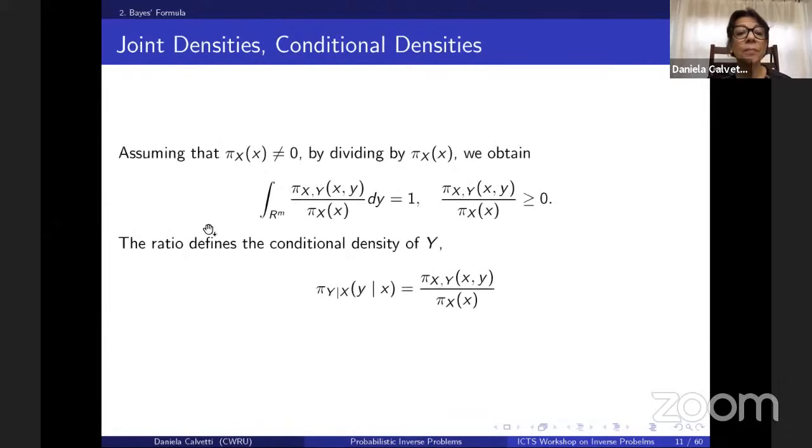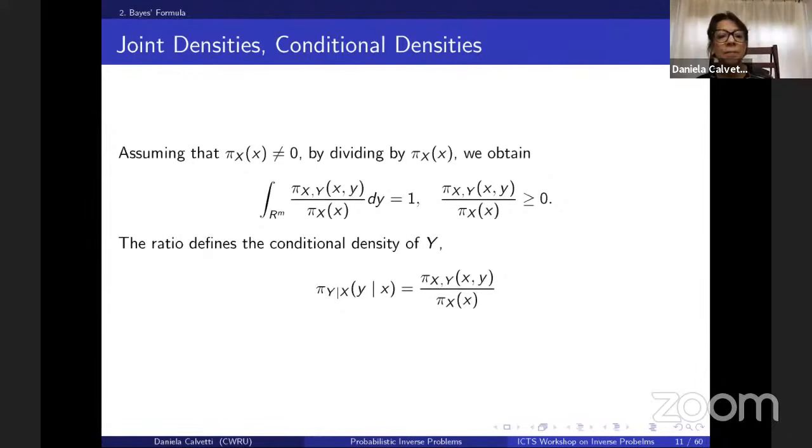So now, if pi of x is different from 0, so this is a constant here, I can divide through by pi of x, and there are ways of dealing with the general case.